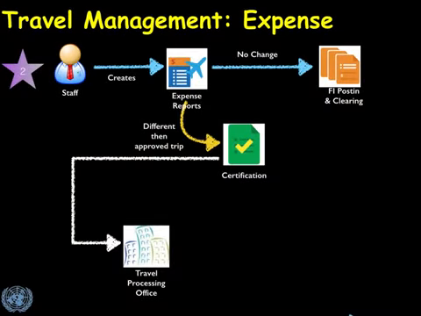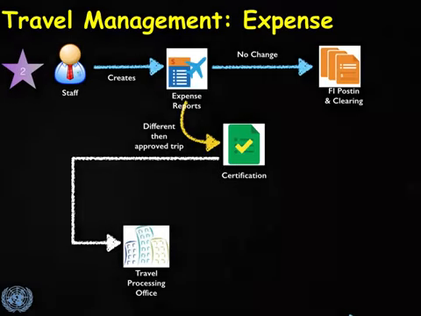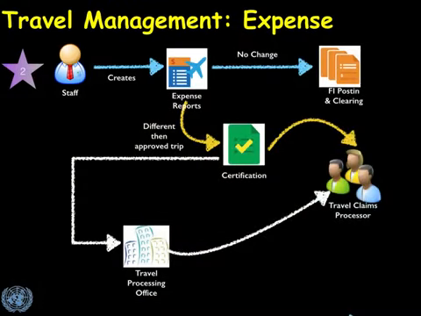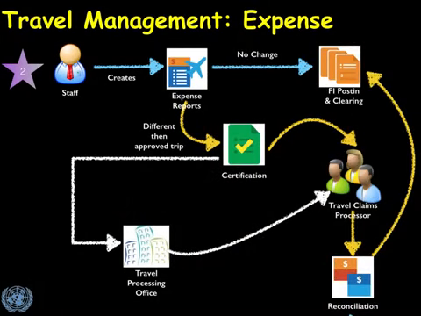If the expense report is different than that of the approved travel request, it goes for a certification, and in certain cases it even goes for a second level of approval to the travel processing office. And after these two things are done, it goes to the travel claims processor, who will do the manual reconciliation of the request and the expense claim and do the settlement, and then proceeds to the FI posting and clearing, which is a manual step.